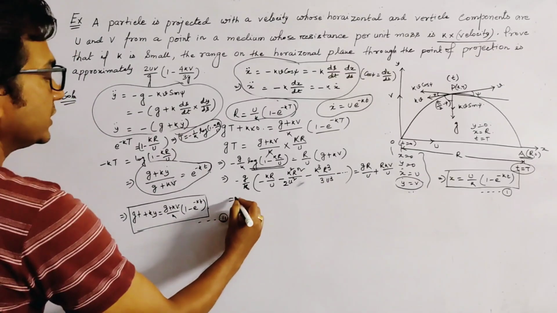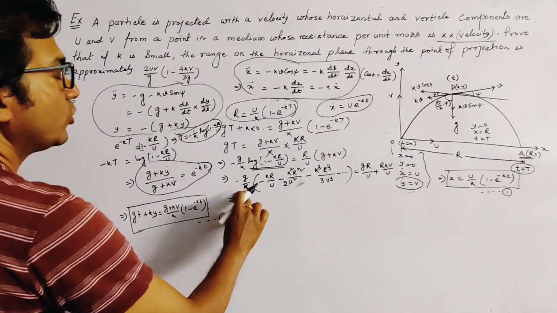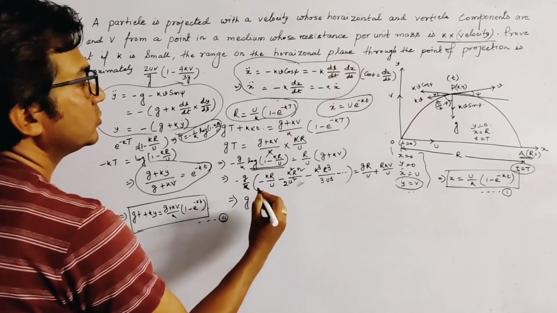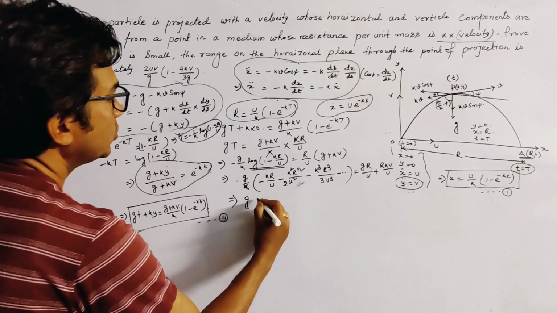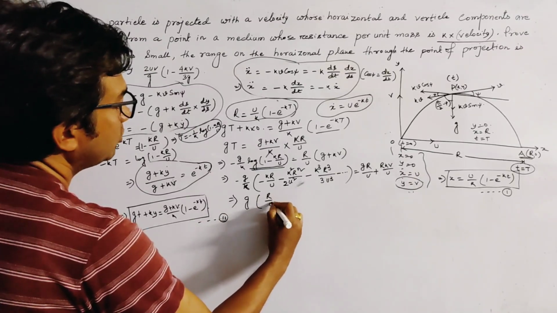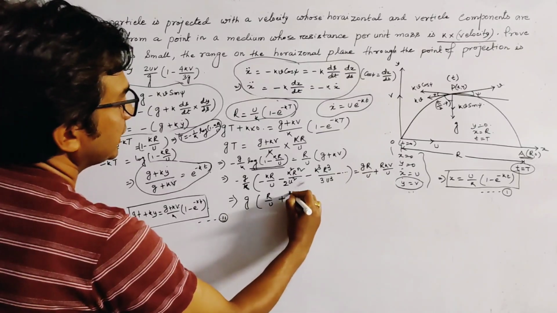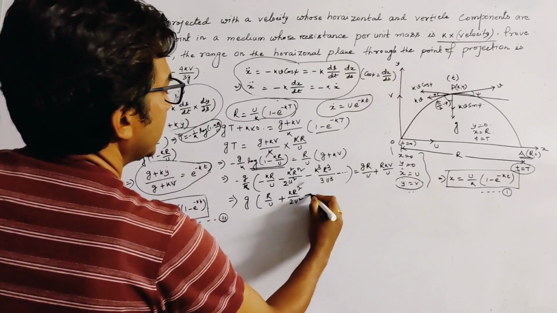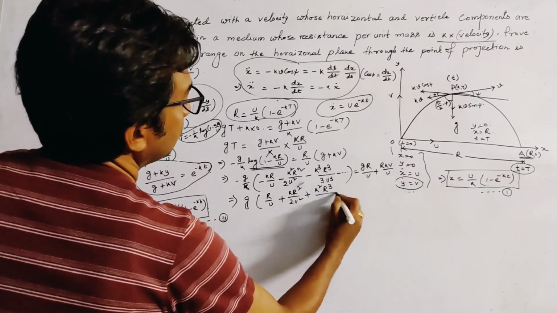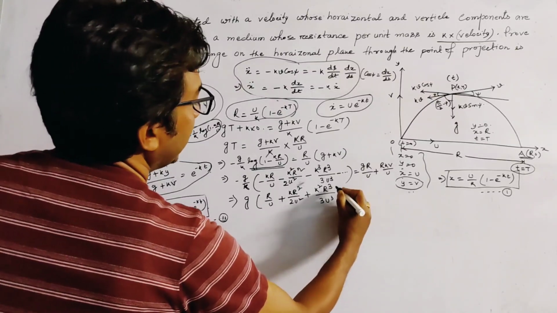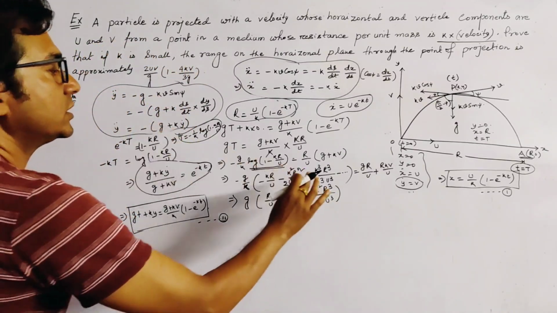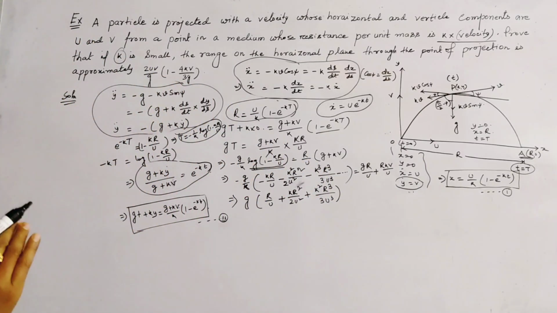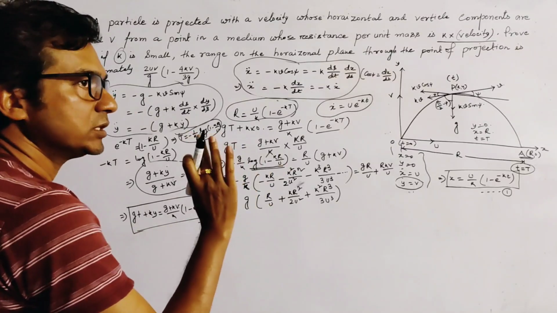Okay, and we take common k from this relation and take common minus 1 also, and get g into r by u plus k r square by 2u square plus k square r cube by 3u cube, and neglecting all the other terms of this series because k is very small here. Okay, it is given that k is very small, so we neglect all the other terms.